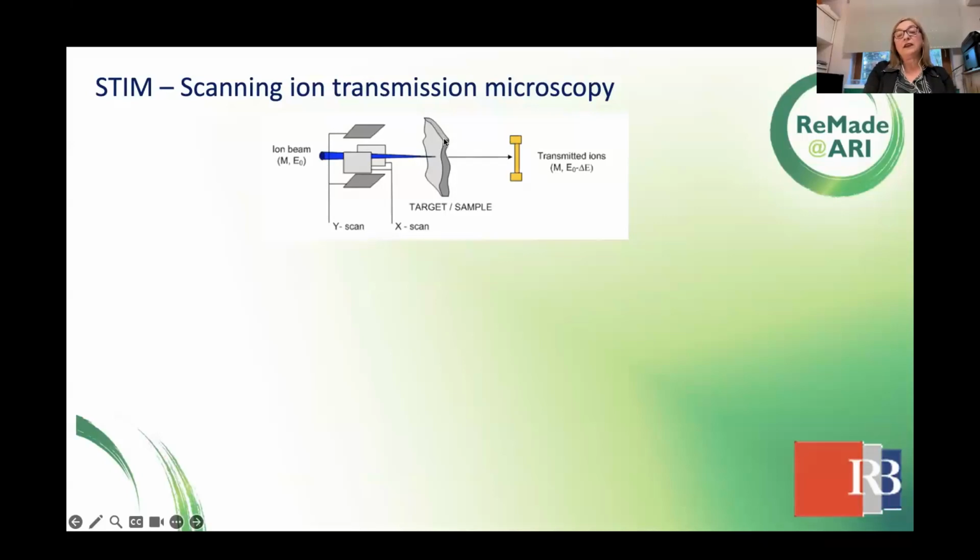This technique is very nice because it can give you some information about the distribution of densities of your sample, if you know the thickness, or if you don't know the thickness and you have the same density, you can get the distribution of thicknesses.